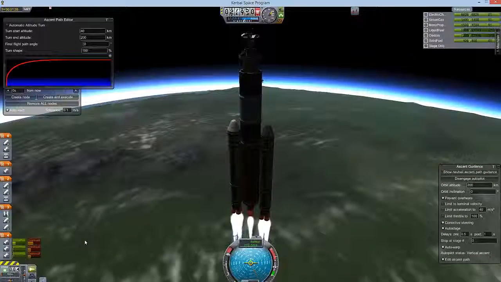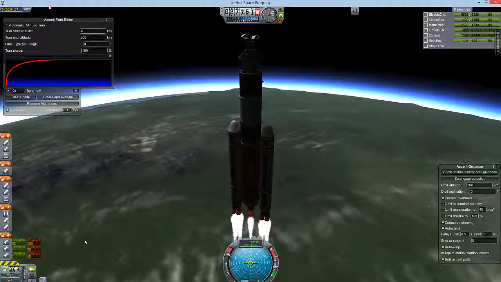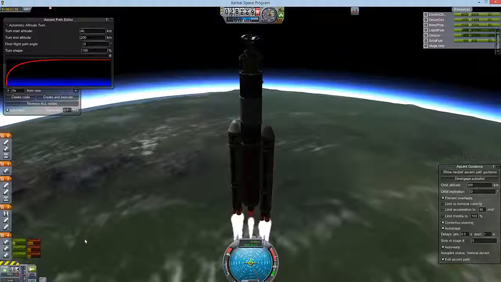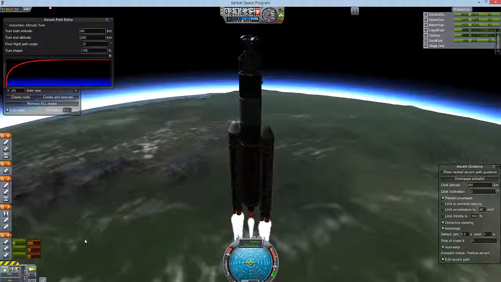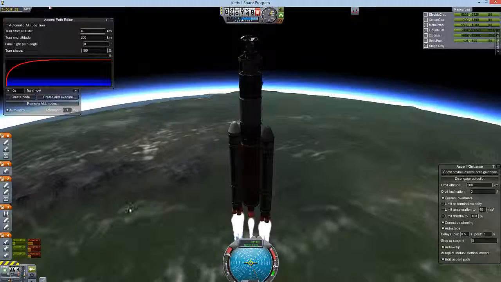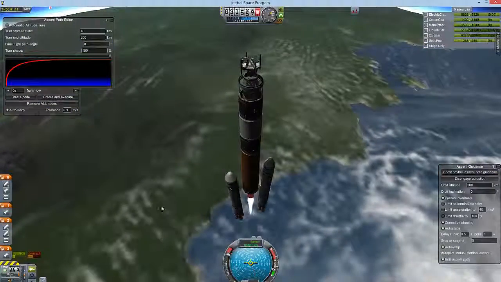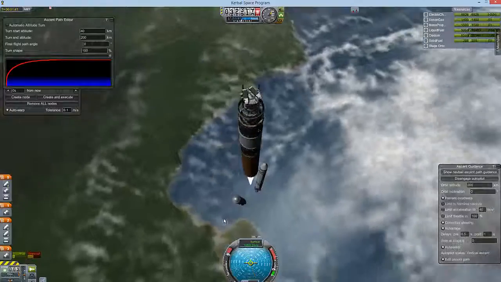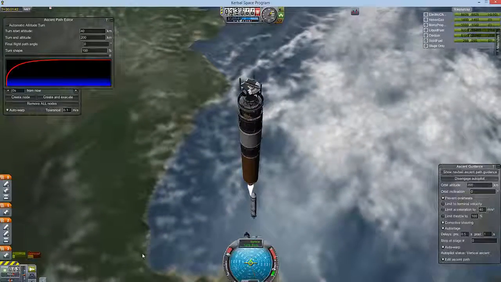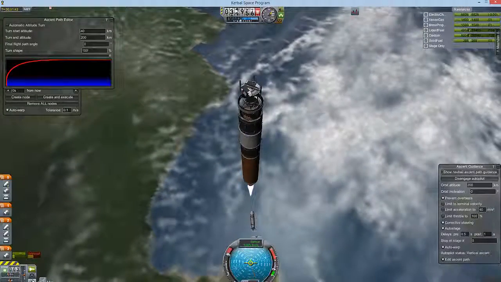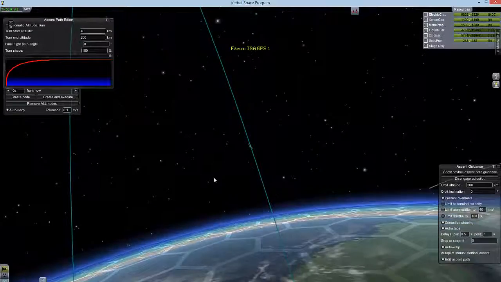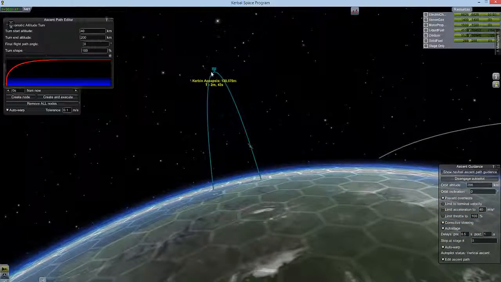Now, as I said, if you're going toward a horizontal and a vertical velocity, the more horizontal you get, I'll say the more gravity turn, quote unquote, you're getting, until you get a complete horizontal level.